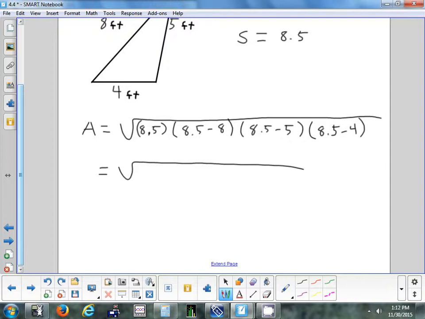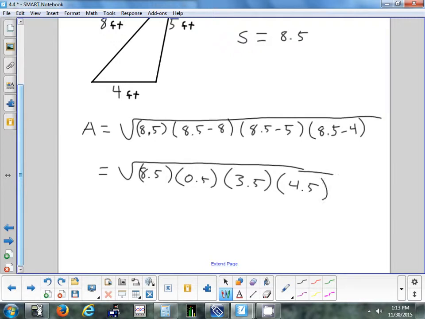All right, so this one, I think we can do the subtraction, but for the multiplication we're probably going to need a calculator. So we've got 8.5. What's 8.5 take away 8? 0.5. How about 8.5 take away 5? 3.5. And the last one? 4.5.